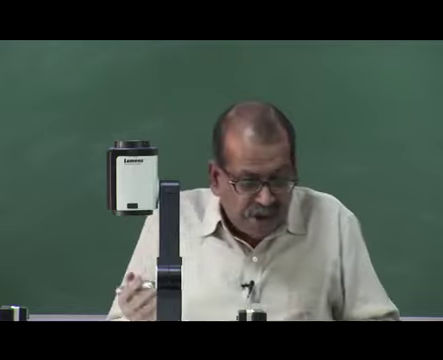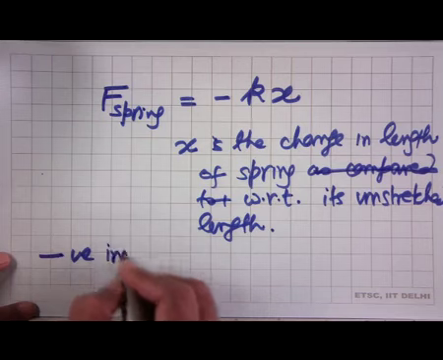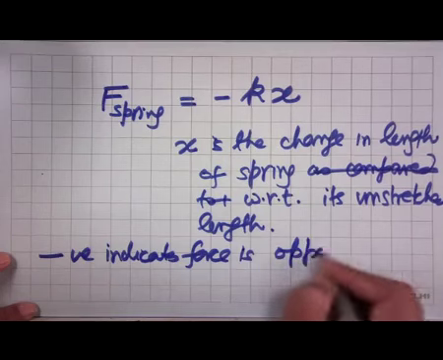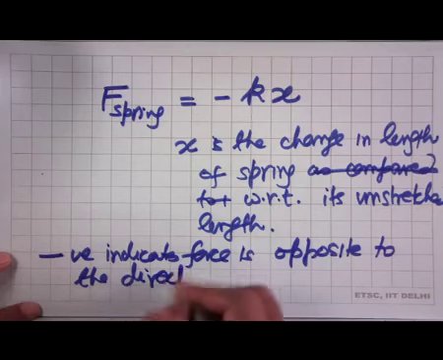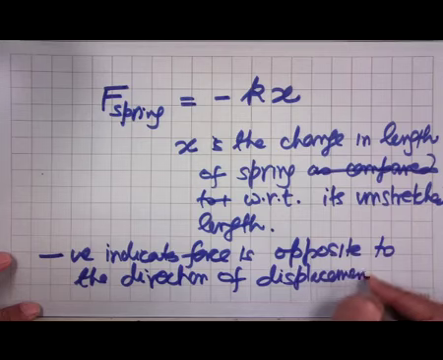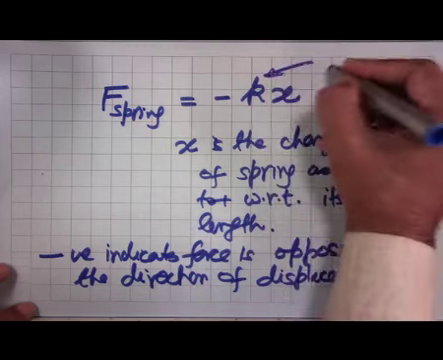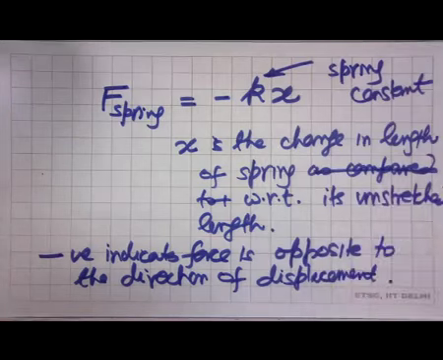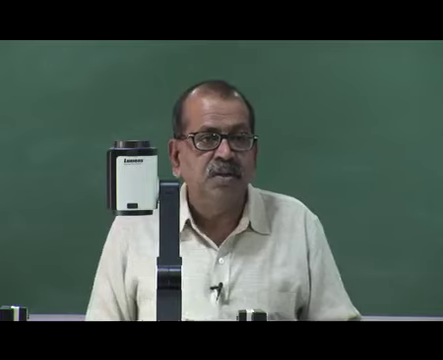The minus sign indicates that the force is opposite to the direction of displacement. Now, this term k, we call the spring constant, and as we said, in a lot of springs we can assume that k is constant for that type of spring.